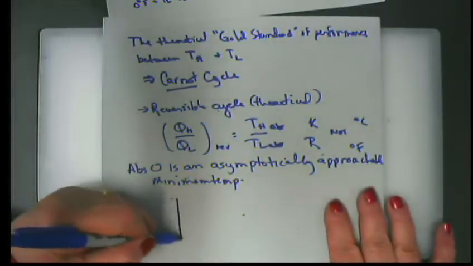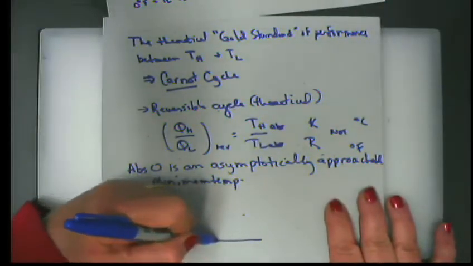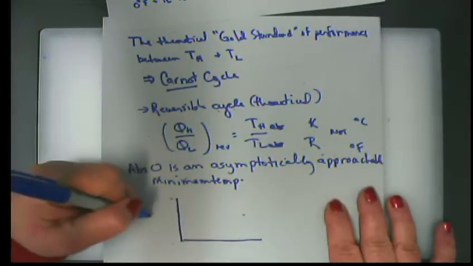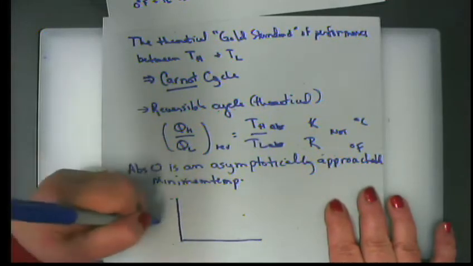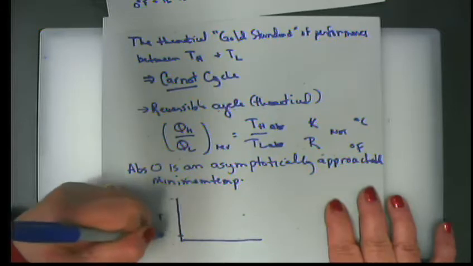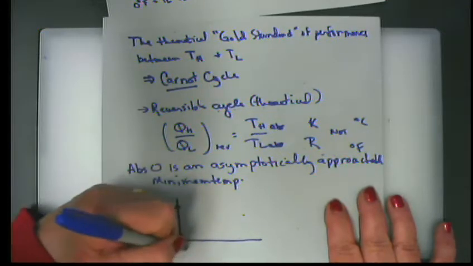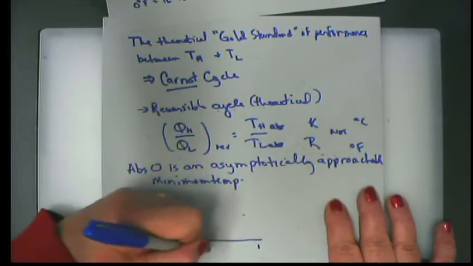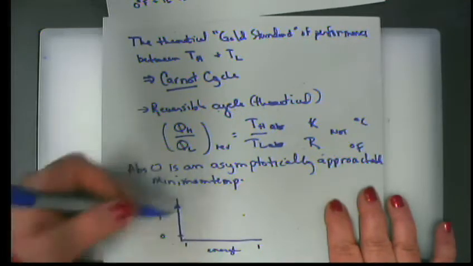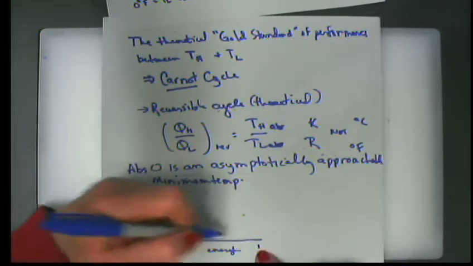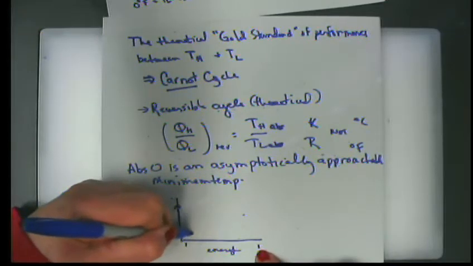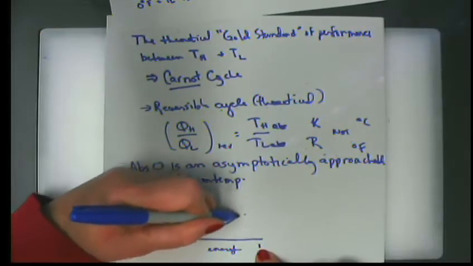So if we take a temperature, and this is 0, and this is just greater than 0, and through some means, whatever we're measuring, energy or whatever, we wish to approach this, what we get is something like this, okay?